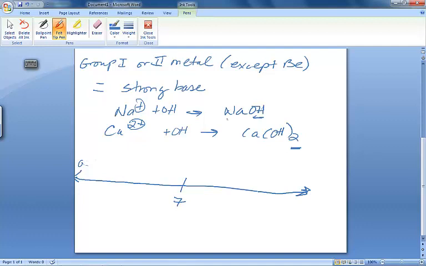The pH scale runs from 0 to 14. Now, if we're going to be looking at pH here, anything from 0 to 6.9 in this area here would be an acid.